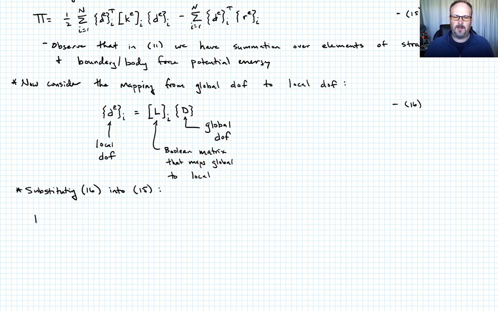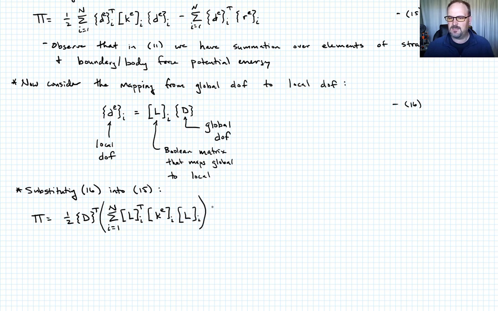Okay, and when we do that, we end up with pi is equal to 1/2 now times D transpose, and then I'm going to deliberately put some parentheses to separate this out. The sum from i equals 1 to n of L_i transpose times K^e, the element stiffness matrix of element i, times L_i, close parentheses, times D. Okay?